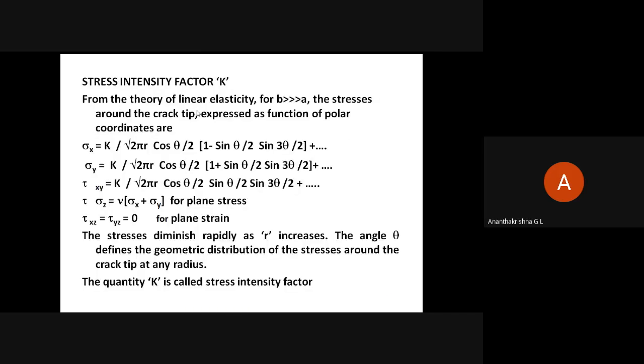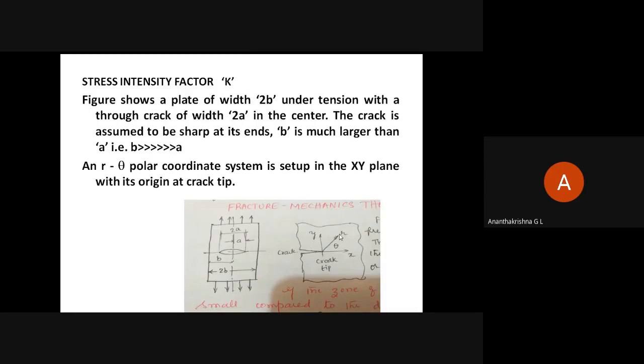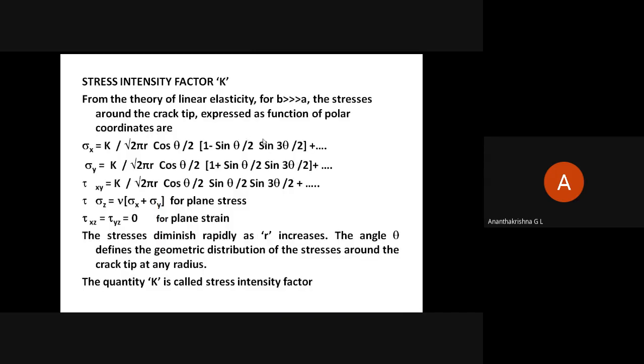Further, from the theory of linear elasticity, for b larger than a, that is the dimension of the plate being very large compared to the size of the crack, the stresses around the crack tip are expressed as a function of polar coordinates, r and theta.